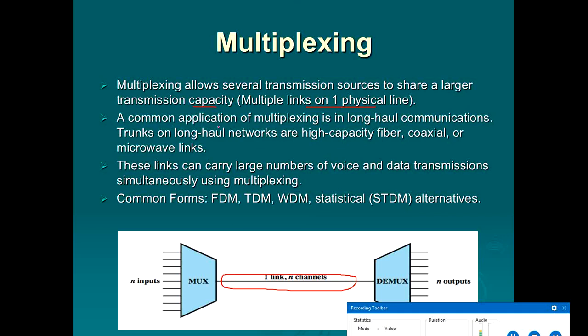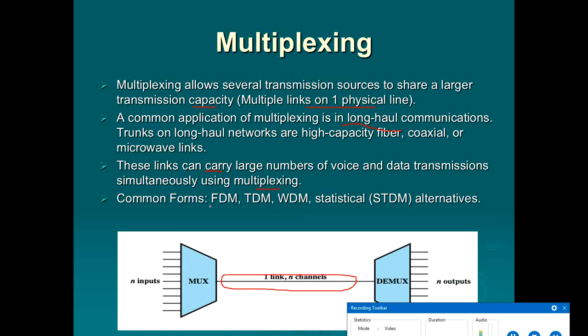A common application of multiplexing is in long haul communication, especially in telephones. The trunks used for long haul communication are high capacity fiber optic cables, coaxial cable, or microwave links. Now these links can carry a large number of voice and data transmissions at the same time using multiplexing.